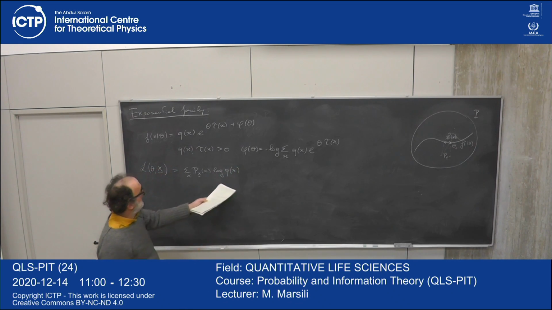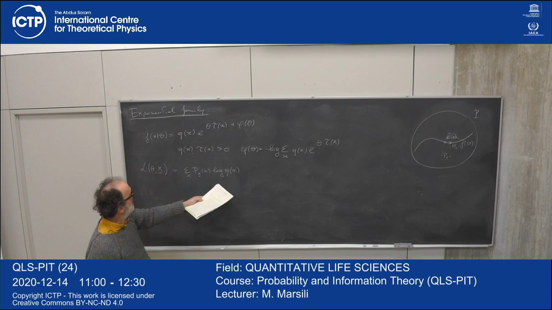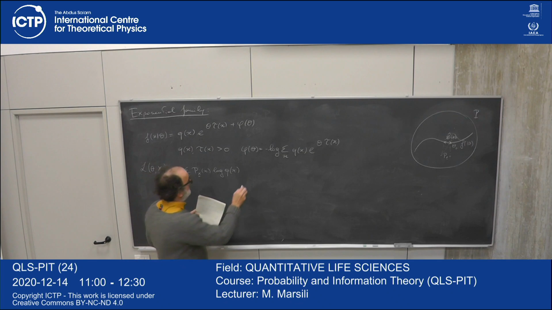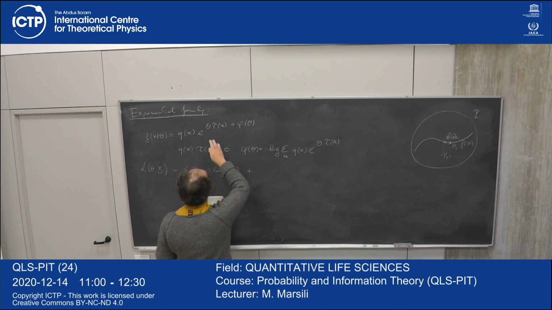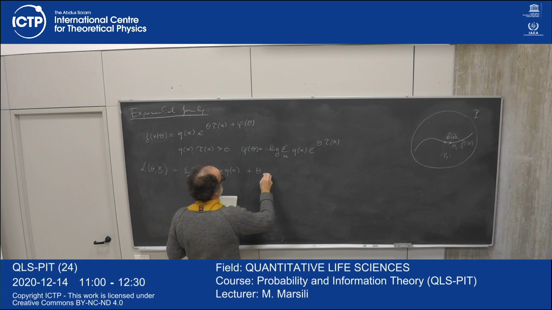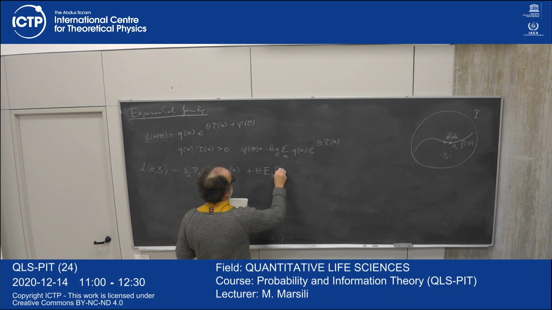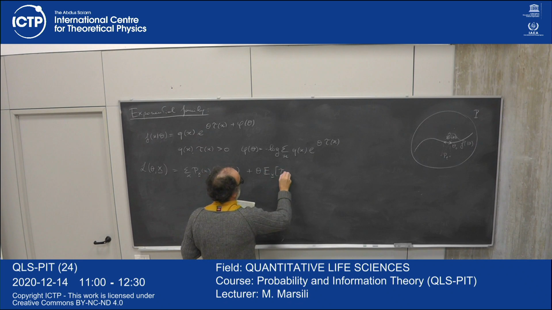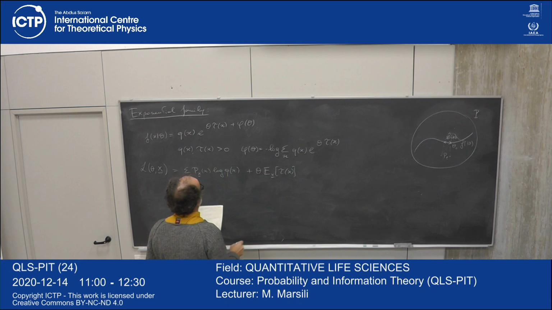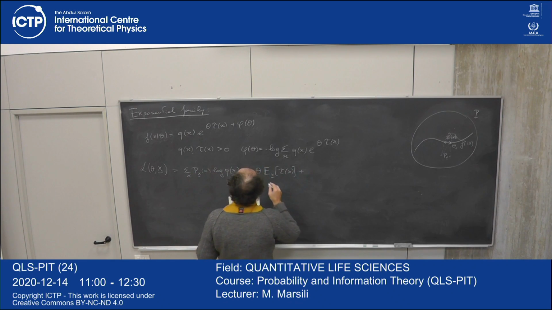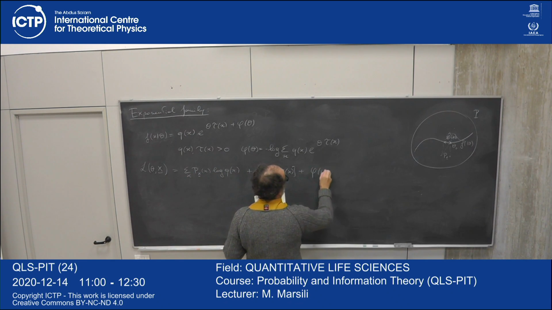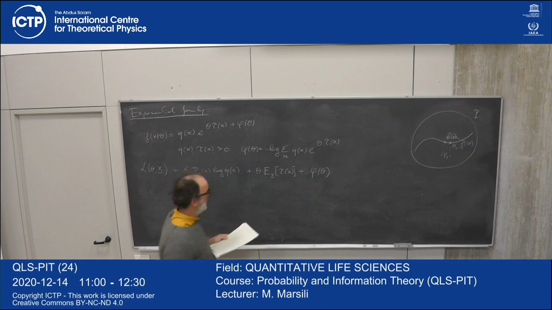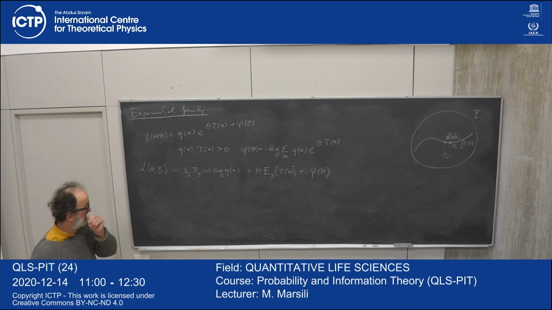So this term is independent of theta. Then there is a term which is theta times the expected value over the sample of tau of x. And then there is just phi of theta, and this is independent of the sample.